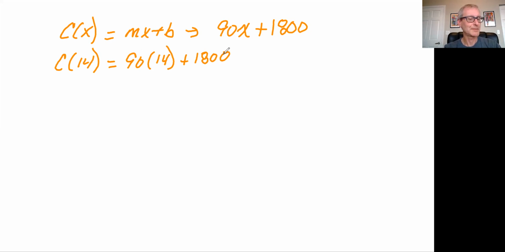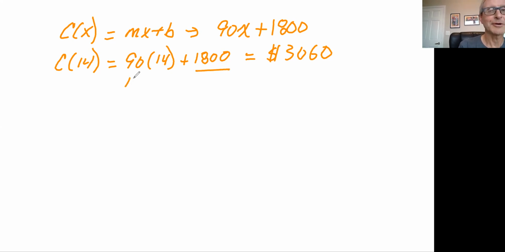And it looks like if you did that, it would cost you $3,060 to make 14 bikes. The way that's split up is this is your fixed cost, and then this would be your variable cost.